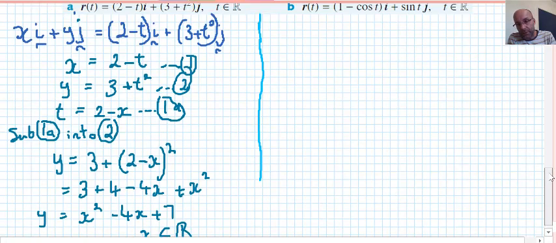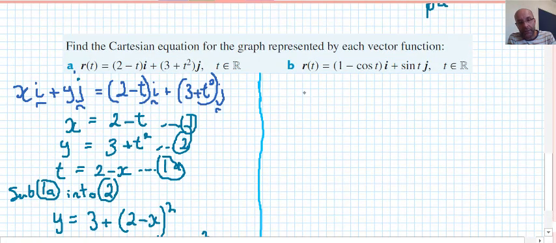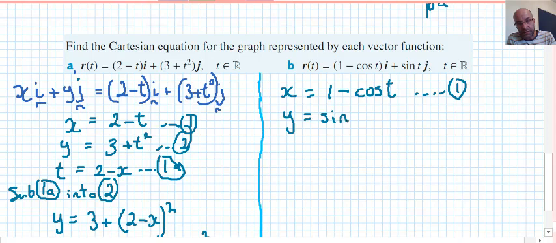Alright, for the final example we have here x equals 1 minus cos t, equating the i components and dropping the vector notation, y equals sine t, equation 2.